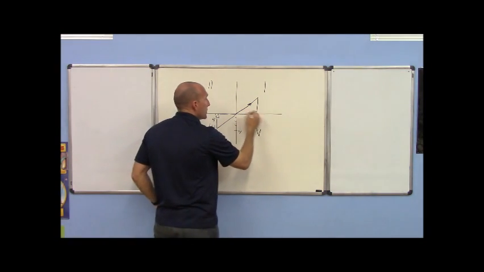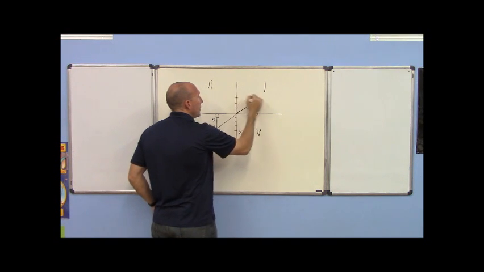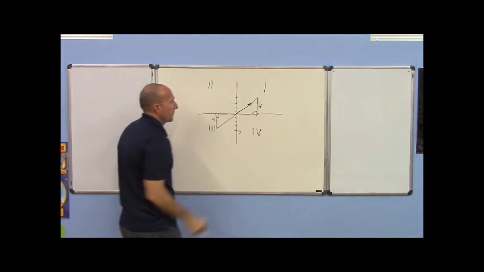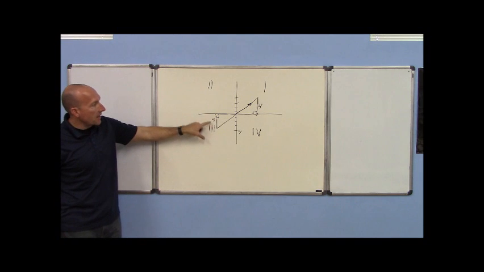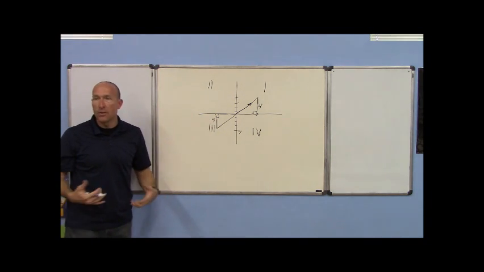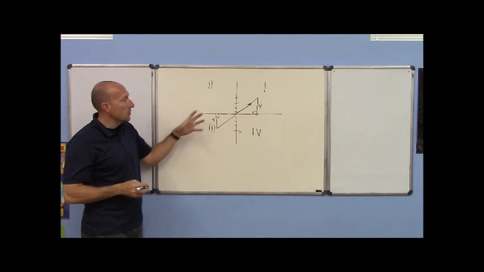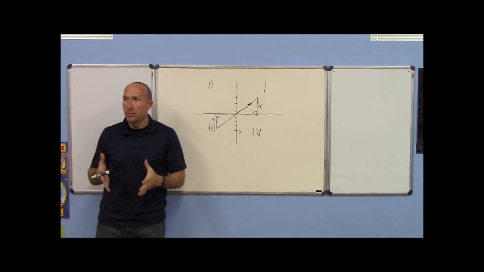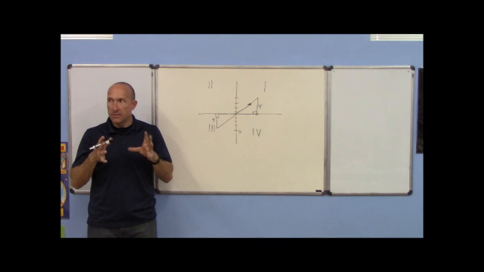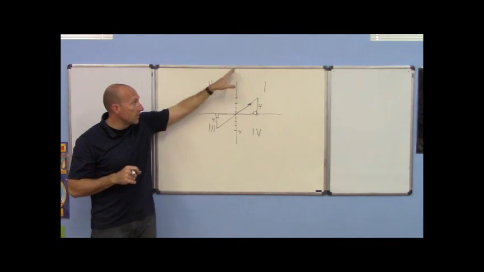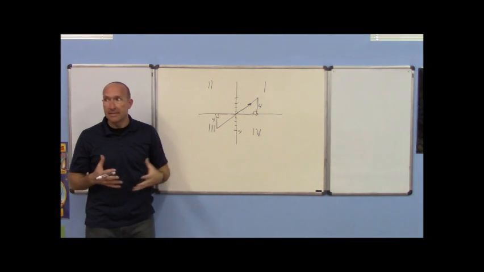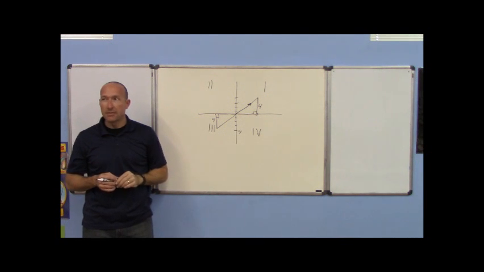Just like this, if this was 4, 1, 2, 3, 4, so the length of this side is 4, the length of this side is also 4, it's not negative 4, you don't have negative distance. So we can apply the same concepts, it's just going to be the absolute value of those sides, okay? Because whenever we're using the x and y coordinates to get there. Okay? Does that make sense?